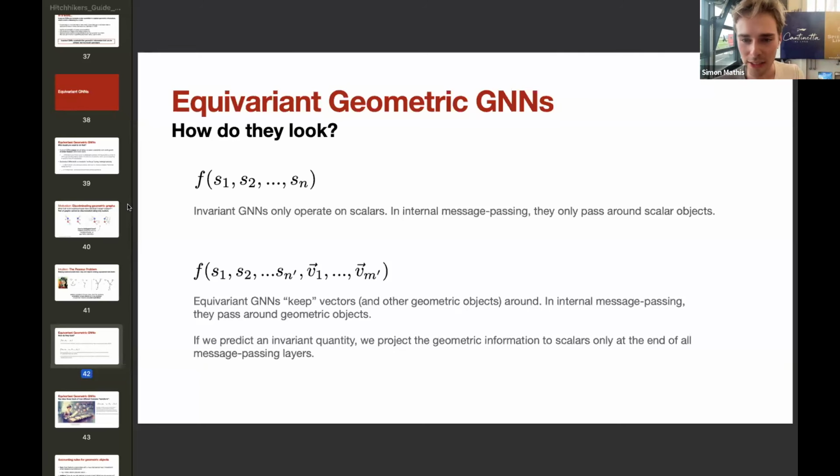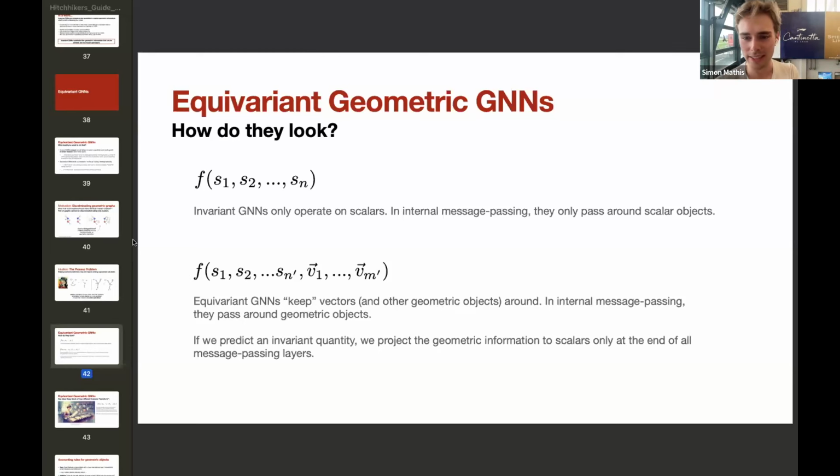How does that look different now in the equivariant case? Here I put, again, S's, and then V's with a little arrowhead over them, which stands for vectors, or in general, more geometric information, and we'll see what that looks like in a moment. So equivariant GNNs essentially keep vectors around in the internal message passing.